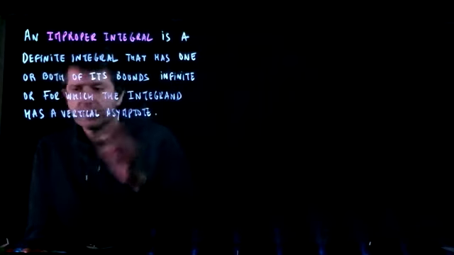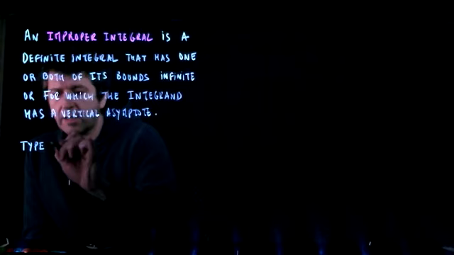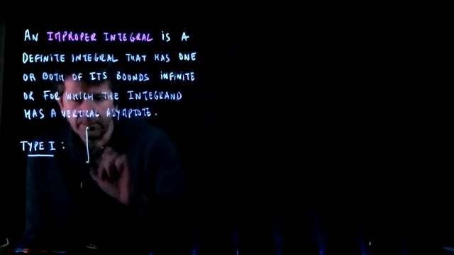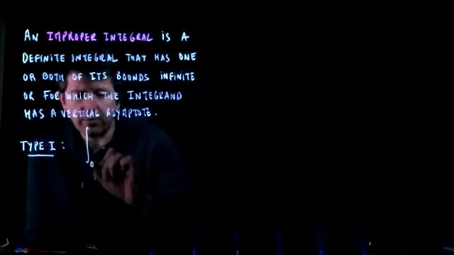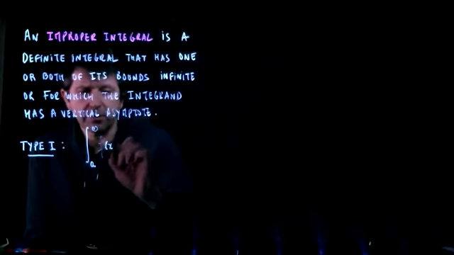So there are two types, okay? Two types of improper integrals. Type 1. You have a situation like this. Either you have from a to infinity. Okay, so this pen is starting to dry up.